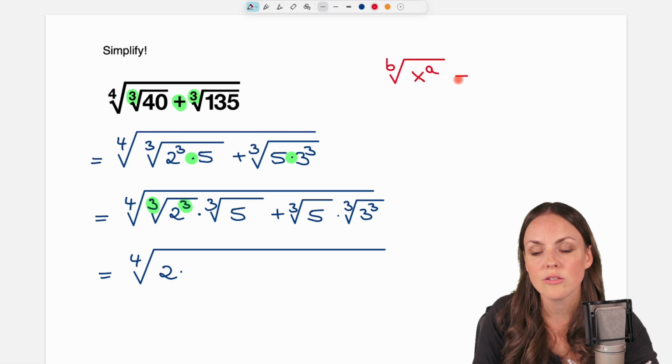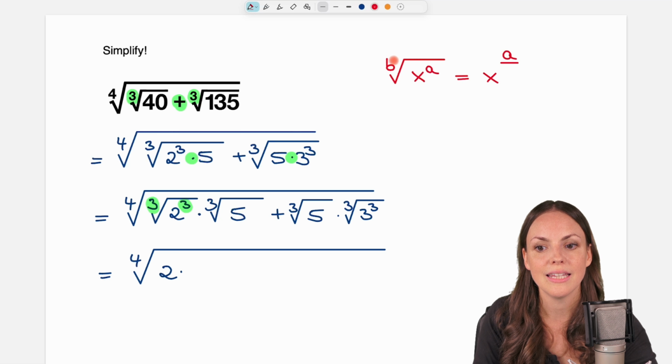Then you can always write this as, you take this base, the x, and then you get a fraction as an exponent. What we had here as our exponent will be on top here, and the index of our root will go here on the bottom.